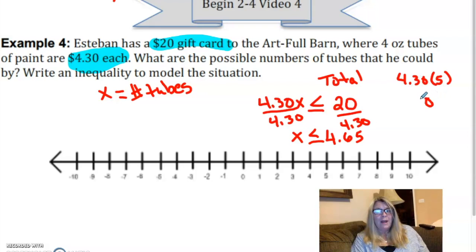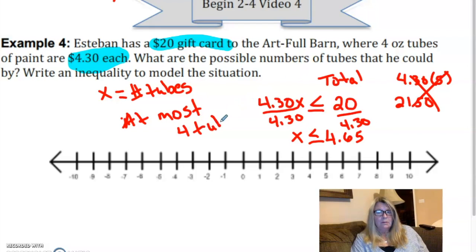If you multiply that out, you get a total of $21.50. You can't buy 5. So you have to round down on this one. So you could buy at most 4 tubes of paint.